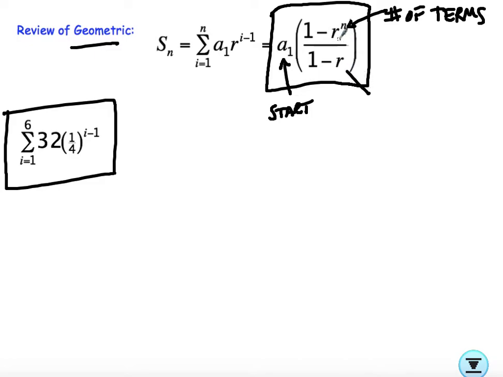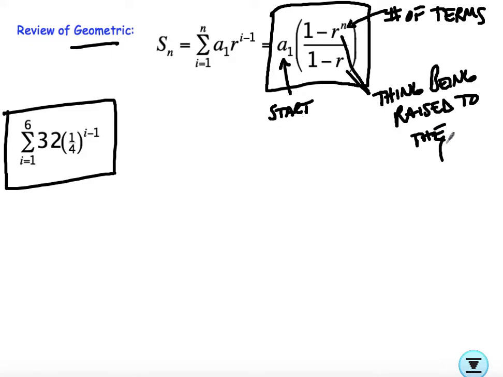And r, both there and there, that is your common ratio. That's the thing being raised to the power.